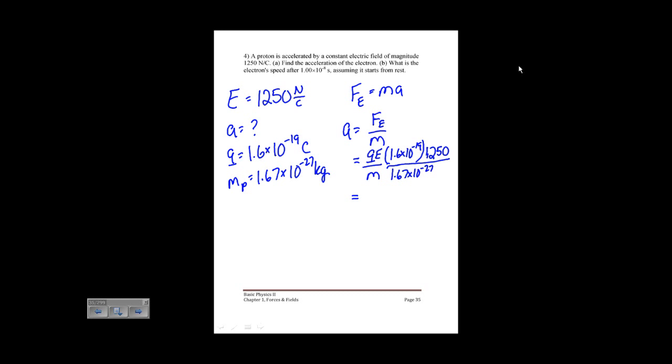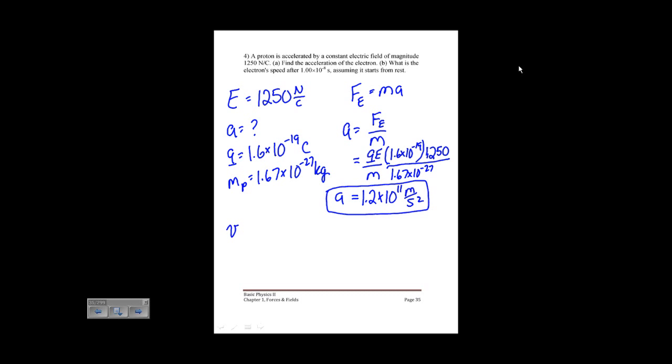So that's newtons over kilograms. Give me acceleration. And the acceleration then is 1.2 times 10 to the 11 meters per second squared. And that acceleration, by the way, it doesn't ask this, but it's in the same direction as the electric field.